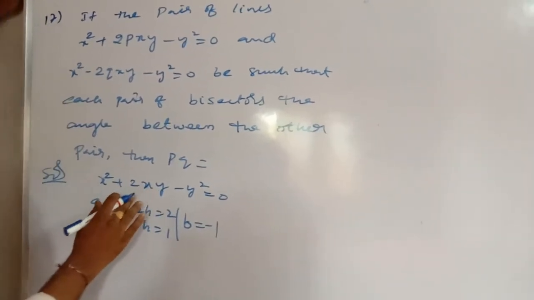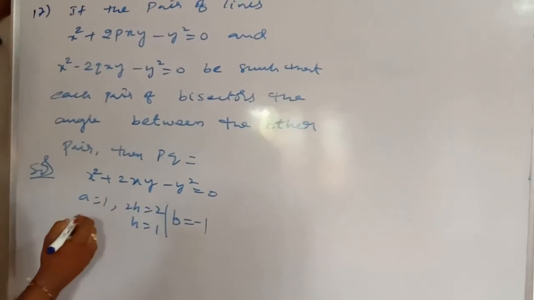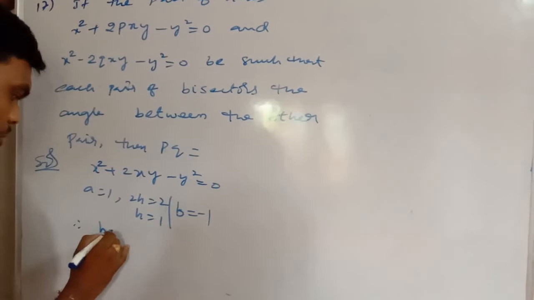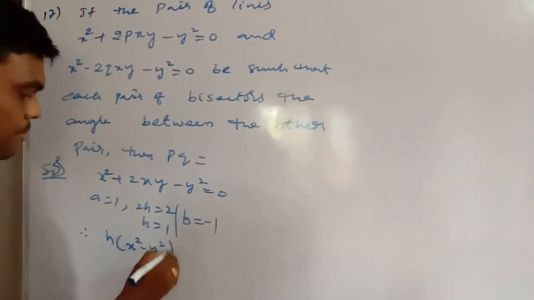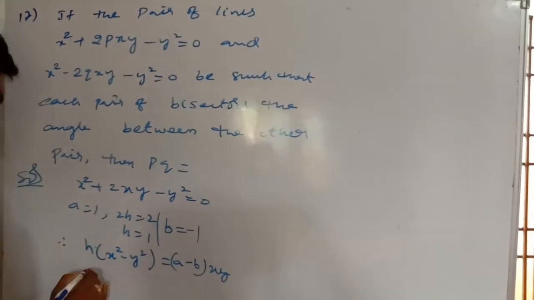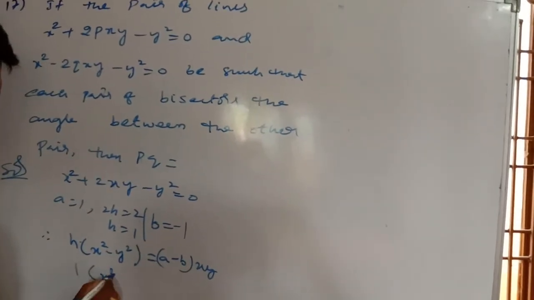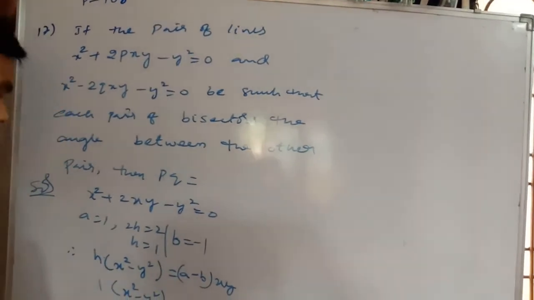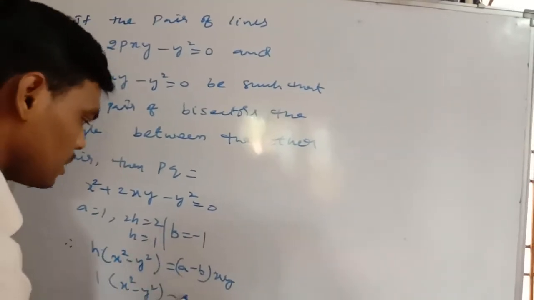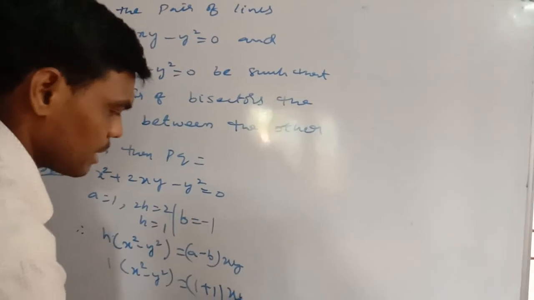Now the pair of lines is the angular bisector of this one pair of lines. Now here h into x square minus y square is equal to a minus b into xy. Now h is 1 into x square minus y square is equal to a minus b, 1 plus 1, into xy.